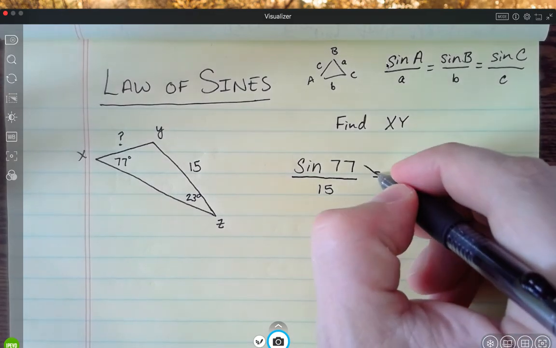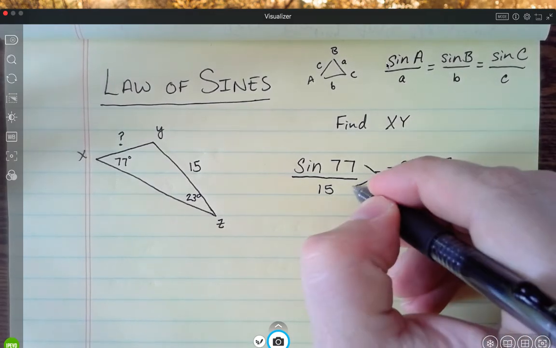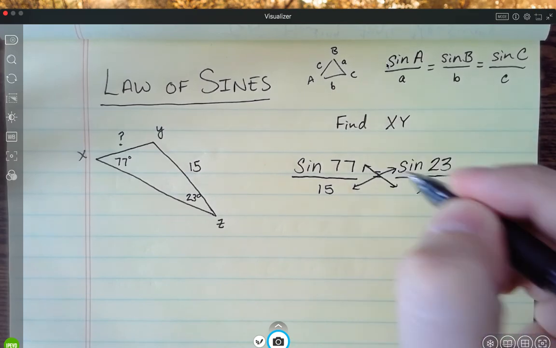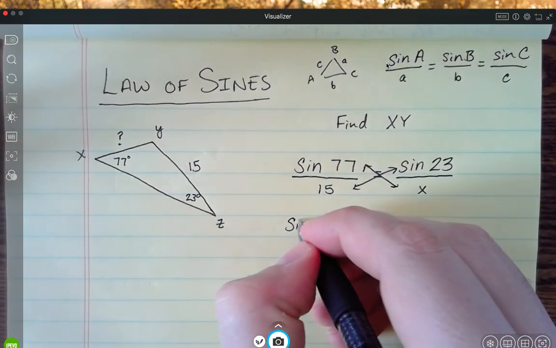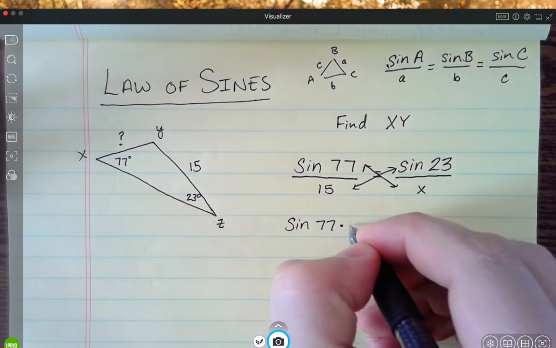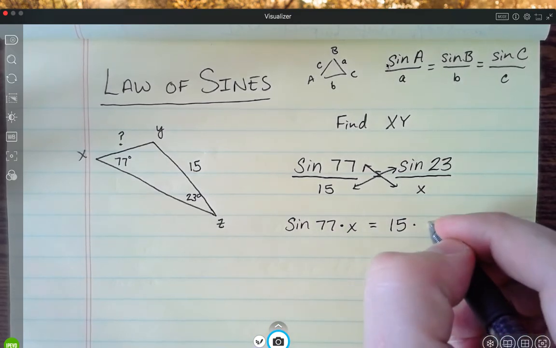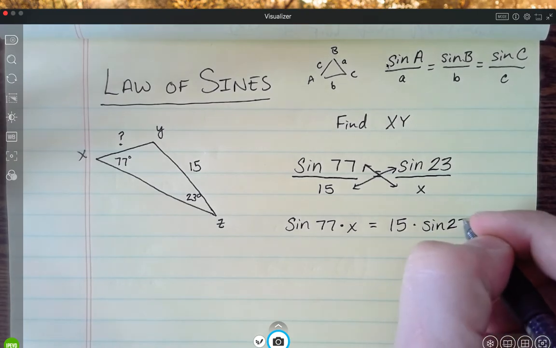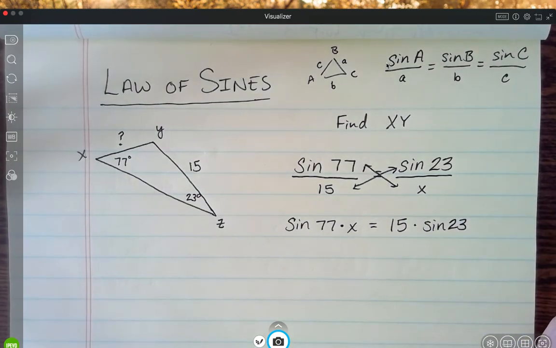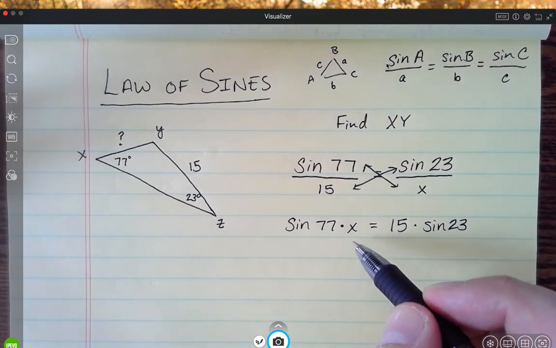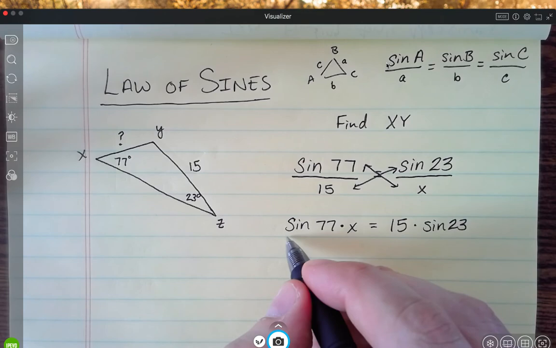So I'm going to use cross products. And so I know that the sine of 77 times x is going to equal 15 times the sine of 23. So I'm using the cross products property to create a new equation. I want to solve for x, so my last step will be to just divide by the sine of 77.